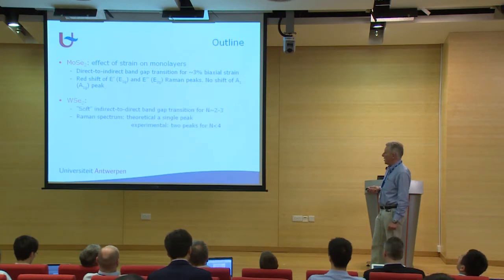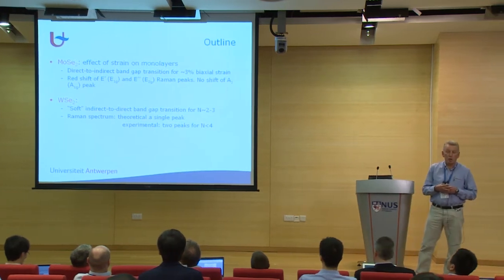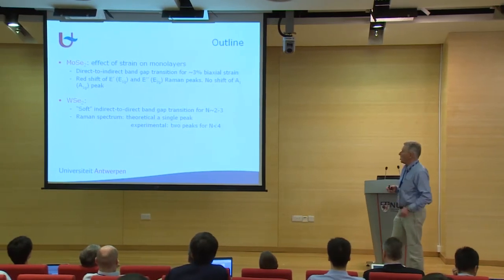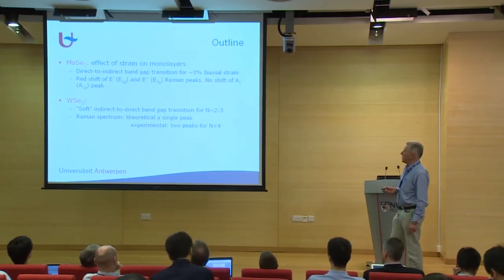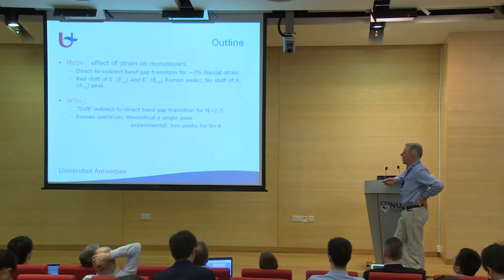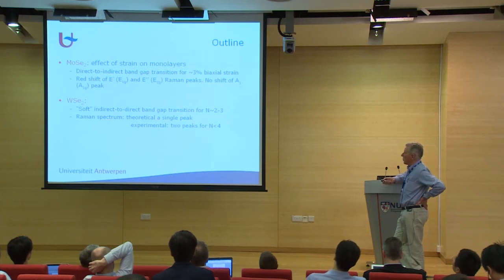Then in tungsten diselenide, the direct to indirect transition is much softer, and even for a number of layers you can still see the direct transition or contributions of the direct transitions, although the indirect band gap is the smallest one. And then there's something particular with the Raman spectrum, where theoretically you expect a single peak, while experimentally you see two peaks.